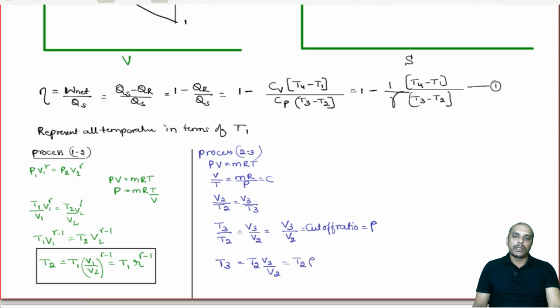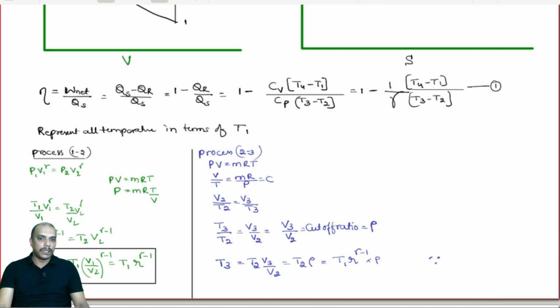But remember, we wanted to represent all temperatures in terms of T1. So, T2 we already know. From equation 2, T2 is equal to T1 r power gamma minus 1, and this rho remains here.